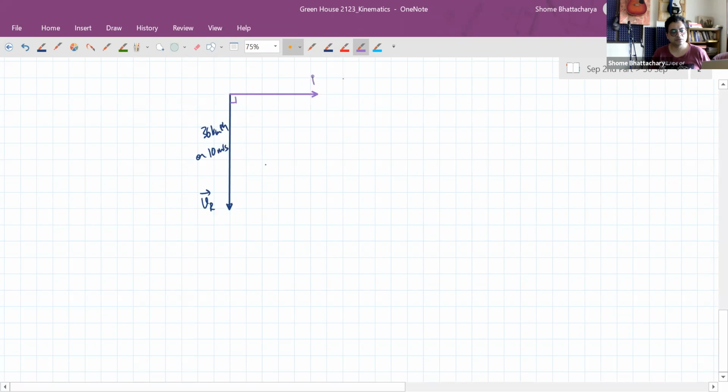It's perpendicular to this, and that was 27 kilometers per hour, or 7.5 meters per second. Yes, very good. That's correct. So now the relative velocity of the rain with respect to the man, that will become this vector, because that is the vector difference of these two.